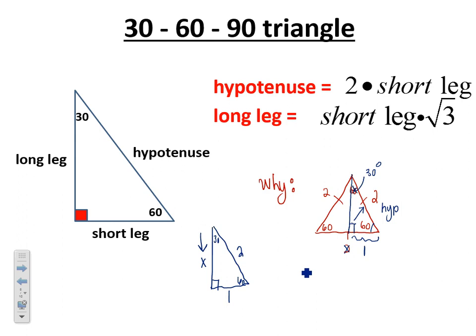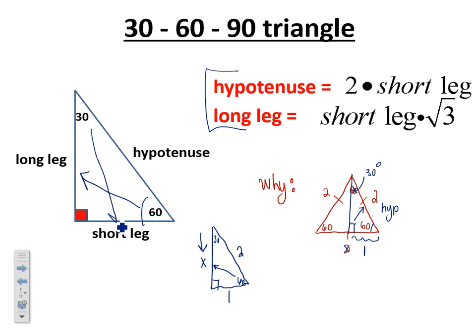Guess what we would use? We would use the 30, 60, 90 rules, if we know the rules, but we would use the Pythagorean theorem since we don't know the rules yet. So yeah, I guess we know the rules, they're right here, but if I didn't know those, I would use the Pythagorean theorem. So, the long leg is always across from the 60.